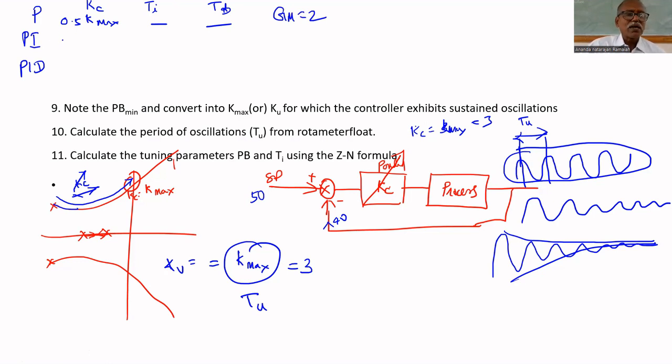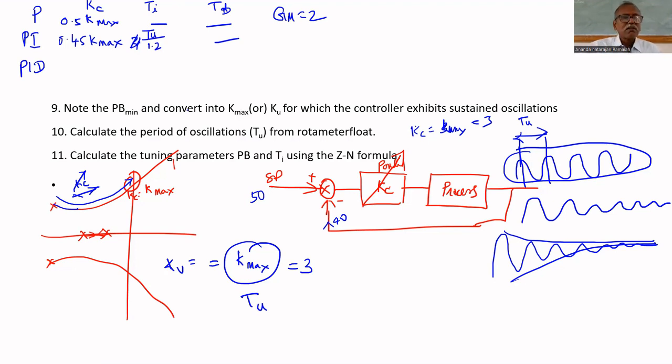For a PI controller, Kc is 0.45 times K max, a further decrease in gain because we are going to introduce TI. TI is TU by 1.2, no TD. We know the period of oscillation divided by 1.2 will give TI.